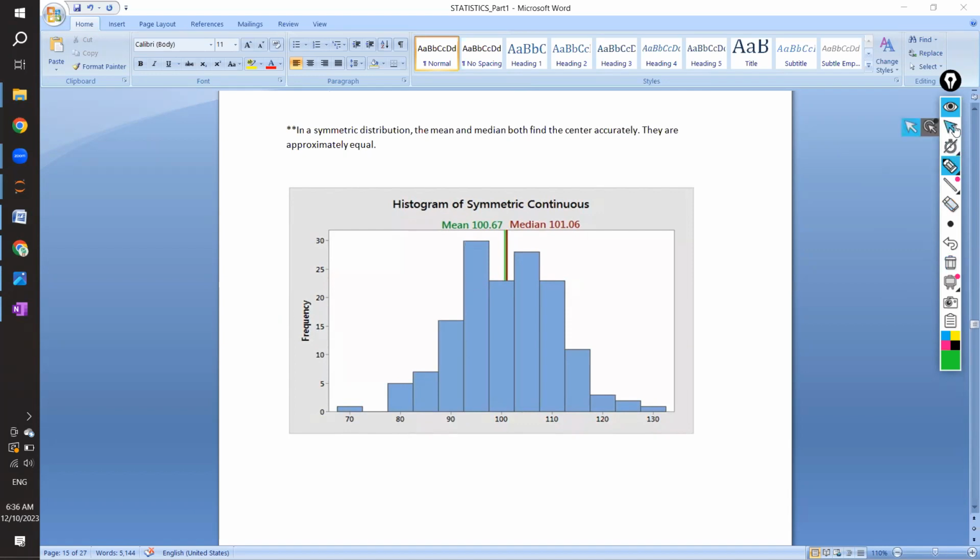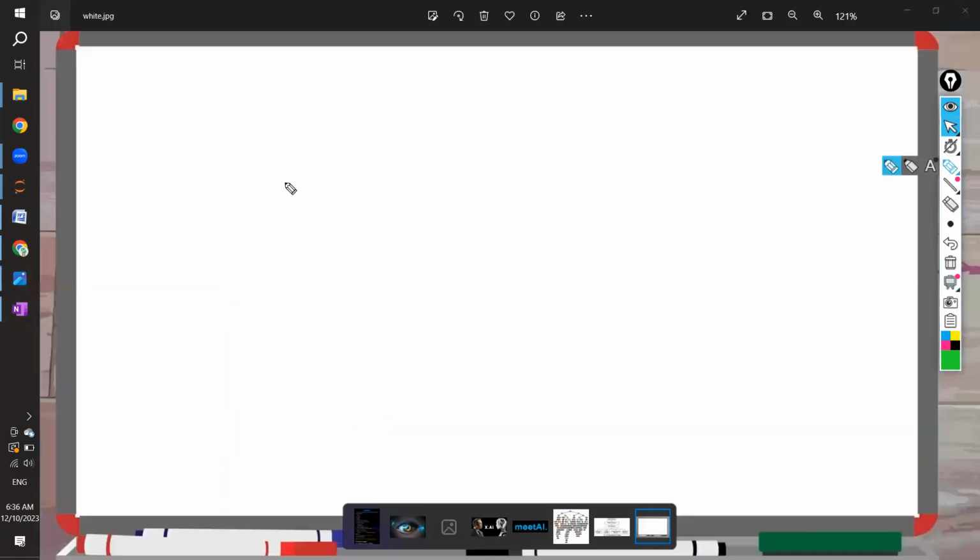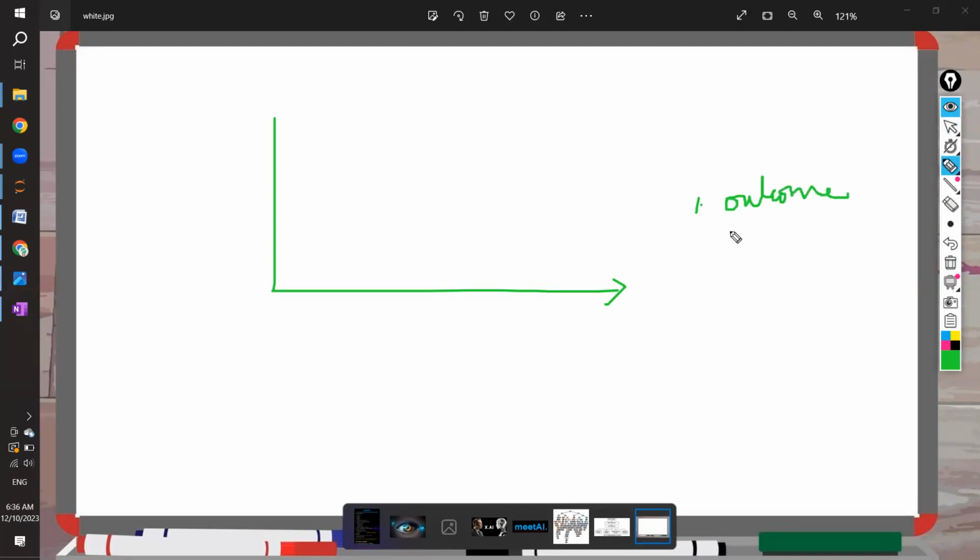So just to give an idea, guys, most of the times whenever we say a distribution, it is plotted against two things. One is outcome, and the second thing is the probability of each outcome.